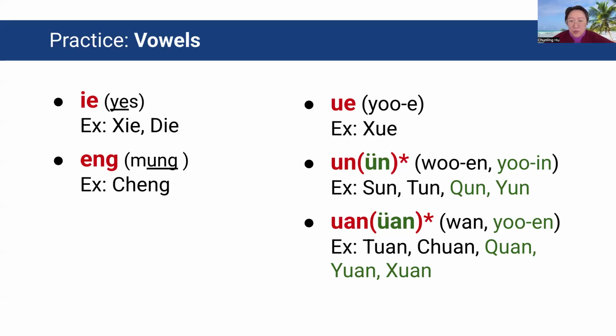And the green ones with two dots, in writing, when they come with some specific consonants like QUN, we omit the two dots. That's because Q never works with UN, it's always U with two dots. So that's why we omit that. You don't need to pay too much attention to these details. It's like Qun, Yun.